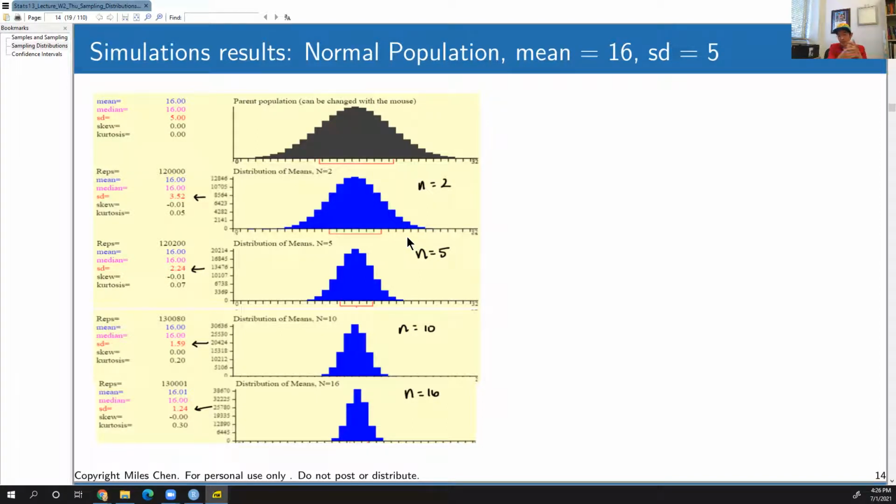But with 16 people, it's much more difficult for all 16 to end up with a very high average, or a very low average. So with a big sample, most of the values tend to be close to the mean, whereas with a smaller sample, you can end up having a little bit more spread.